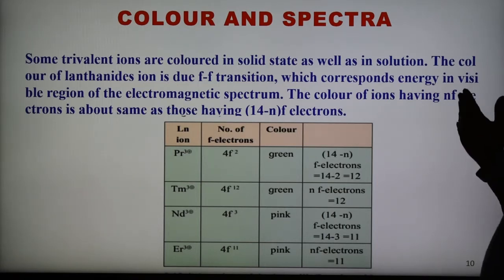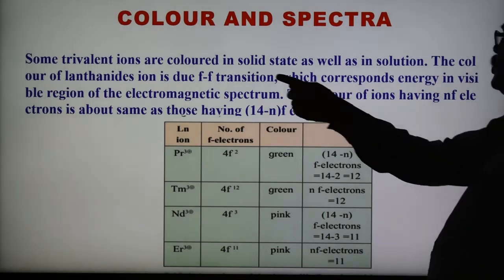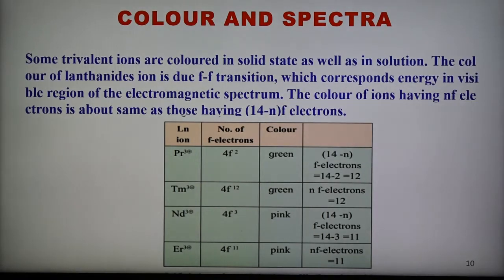Because of the presence of f-f transition and some unpaired electrons, they show color. The spectrum of this transition is found in the visible region of the electromagnetic spectrum. The visible region has 7 colors and their wavelengths; after UV comes the visible, and after that IR.